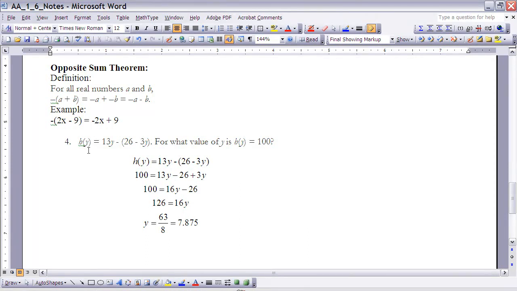It says h of y is equal to 13y minus the quantity 26 minus 3y. Okay? So if I'm going to solve that for when the function is equal to 100, I'm going to take h of y out and put 100 in. At the same time when I do that, I'm going to distribute this minus to both of these to get rid of those parentheses.